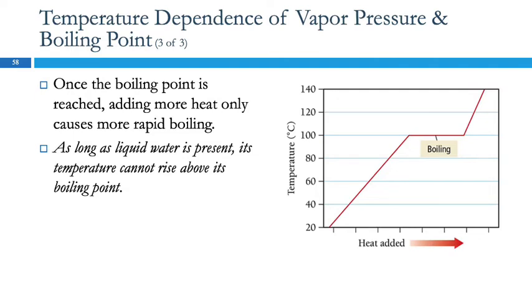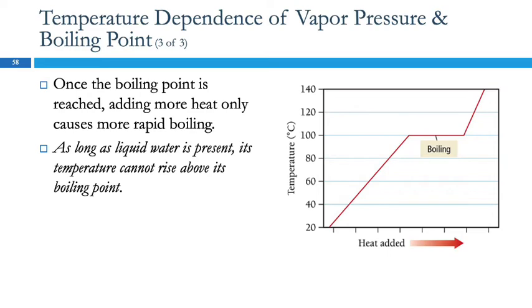So this has significant implications for cooking, right? If you heat a pot of boiling water, what temperature is it? 100 degrees Celsius. Well, what if you let it boil for 10 minutes instead of 5 minutes? Does it get hotter? No, it doesn't.